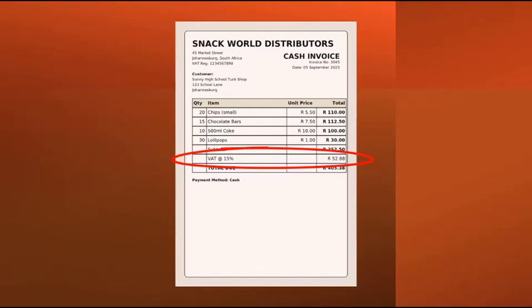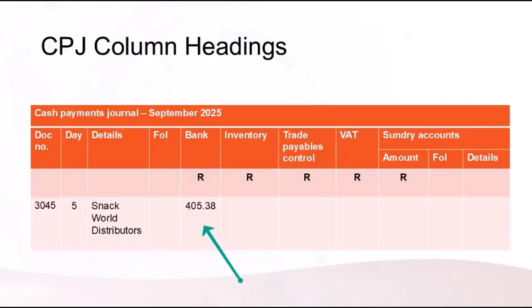There's a line item for value-added tax at 15% and the total due. Now we paid Snack World Distributors the full amount, the total that is due. So we will record 405 Rand and 38 cents in our bank column. Okay, so in our bank column, 405 Rand and 38 cents.